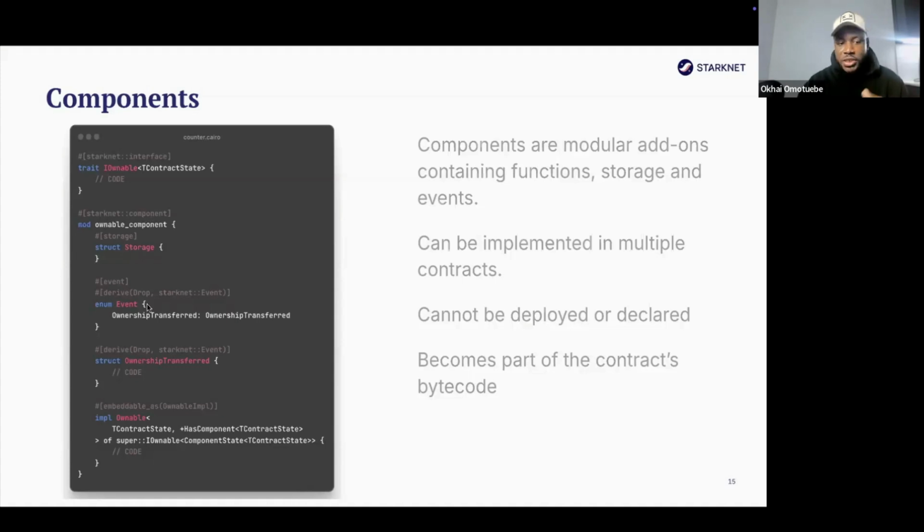It also has a storage, it has events, and you can also have an implementation block here. The main difference is that you cannot declare and deploy it. You can, however, use it to write code that you want to use in other contracts. So components are modular add-ons containing functions, storage, and events. They can be implemented in multiple contracts, cannot be deployed or declared, and become part of the contract's bytecode.